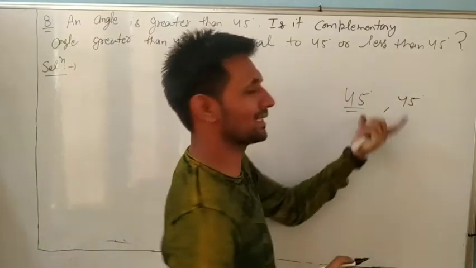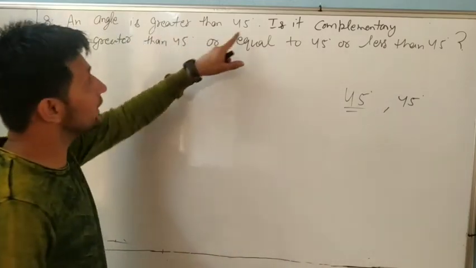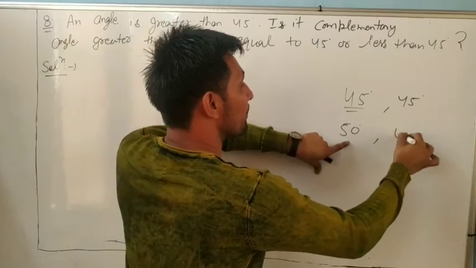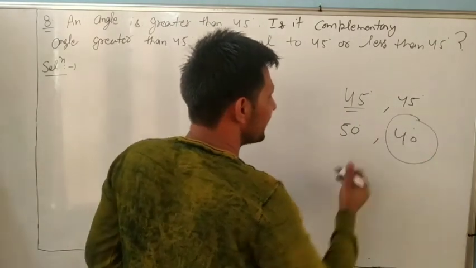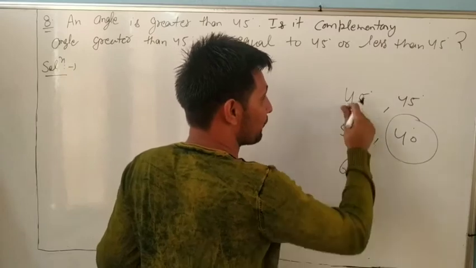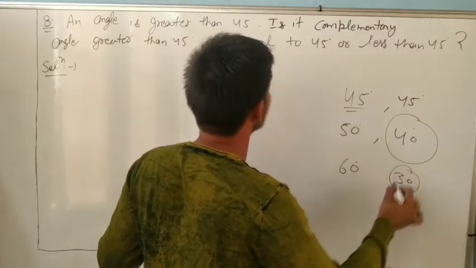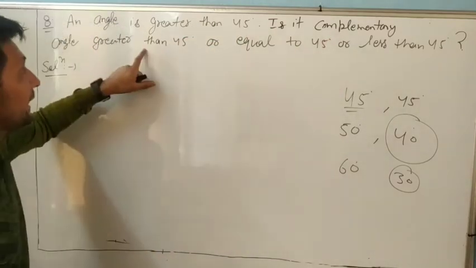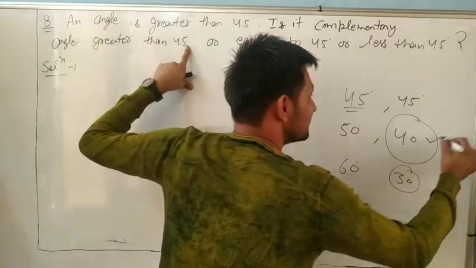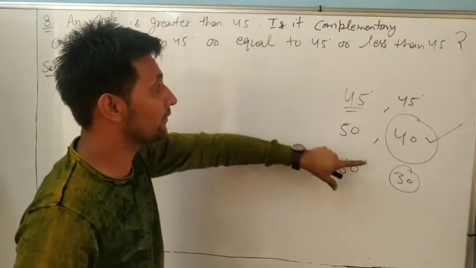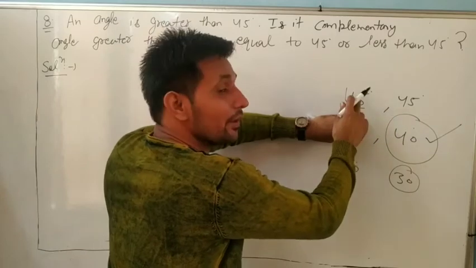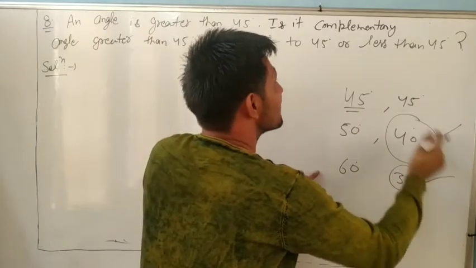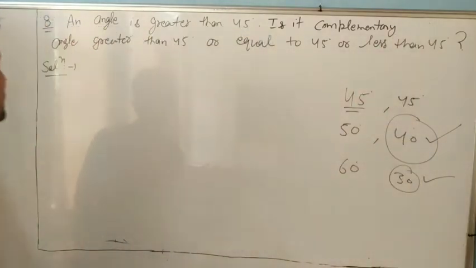Both sum to 90. But if I take an angle greater than 45, say 50, then its complementary is 40 degrees. If the angle is 60, then it is 30. So is the complementary angle greater than 45? No, it is less than 45. Is it equal to 45? No, because equality happens only when the angle we take is 45. But when the angle is greater than 45, it is less than.